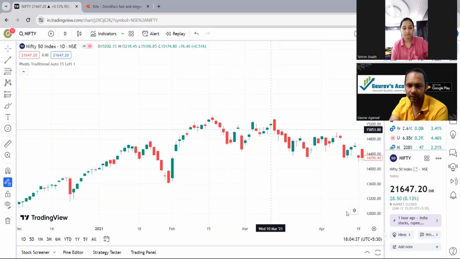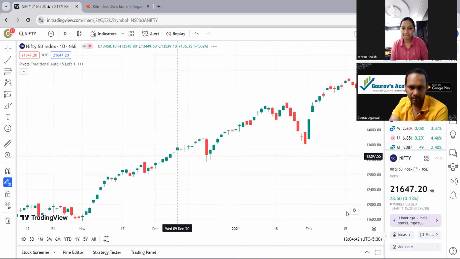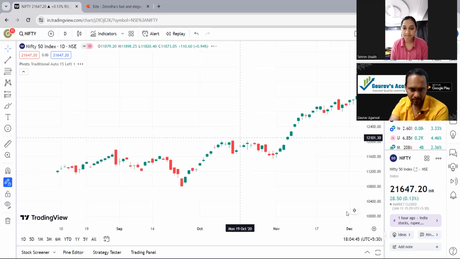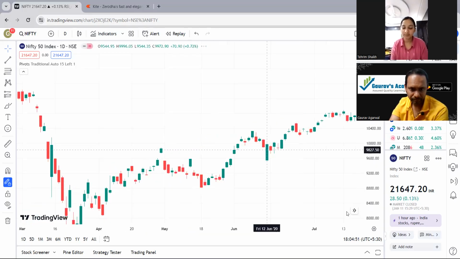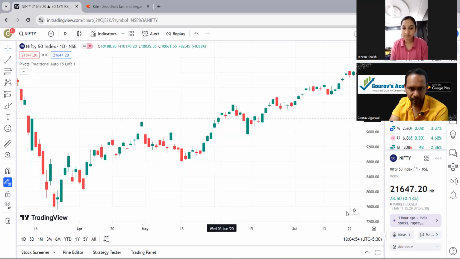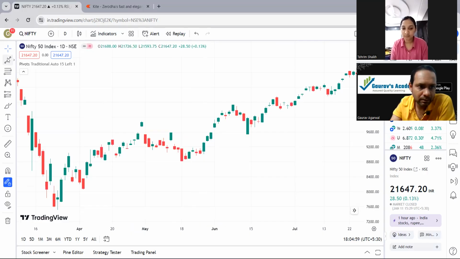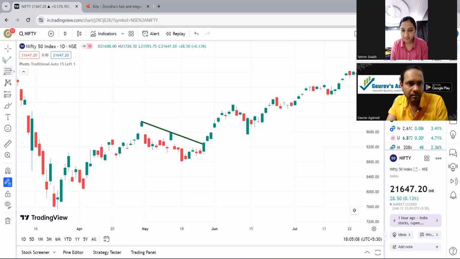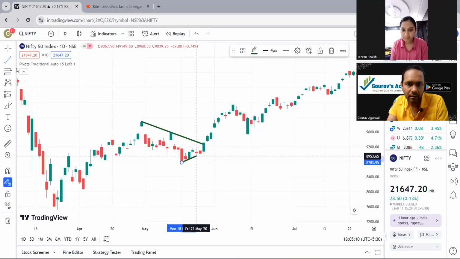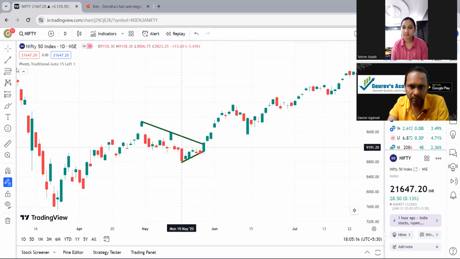This we have done, right? This we have done, double top, right? This we have already discussed. This is a small one, but you can use it actually.